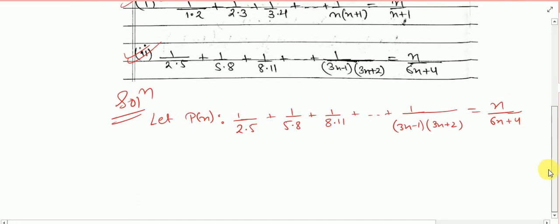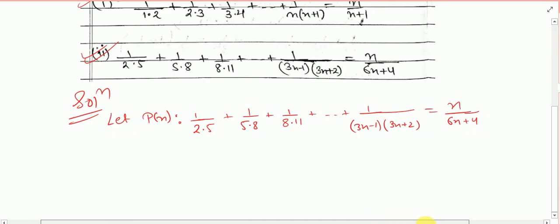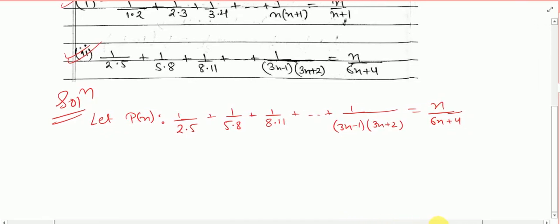So this is the statement, and using the PMI, principle of mathematical induction, we have to show that this is true for all n.